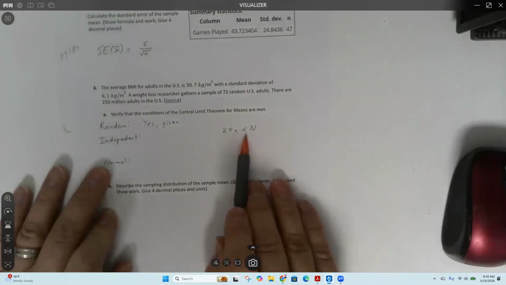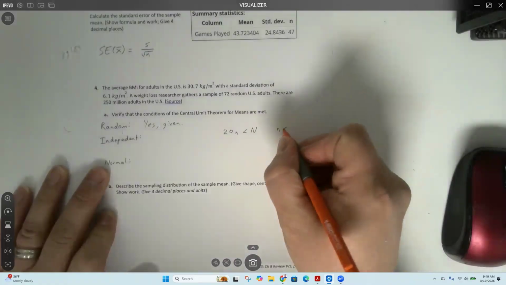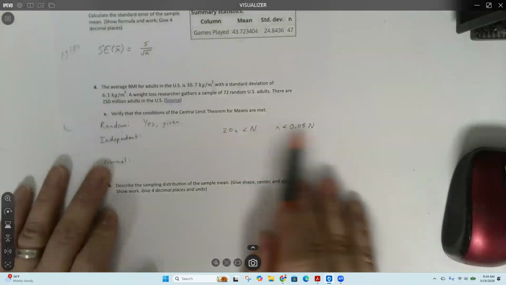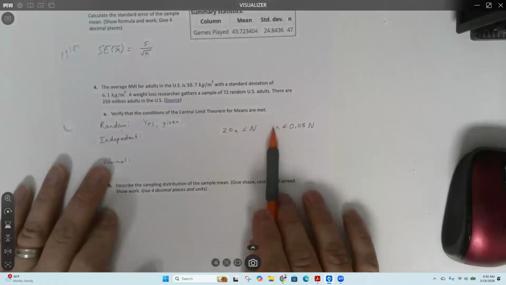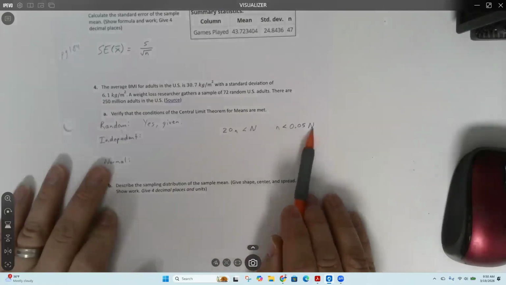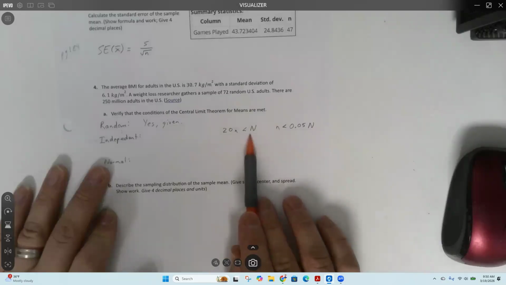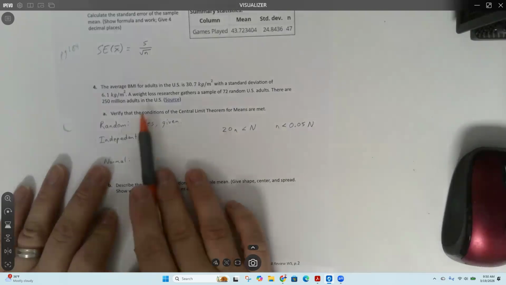You can do it this way, or you can do it with the decimal 0.05, so 5%. These mean the same thing, because I just multiply both sides by 20 and I get 20n is less than 1 capital N. I'm going to use this one, just because people like whole numbers, they don't like decimals.